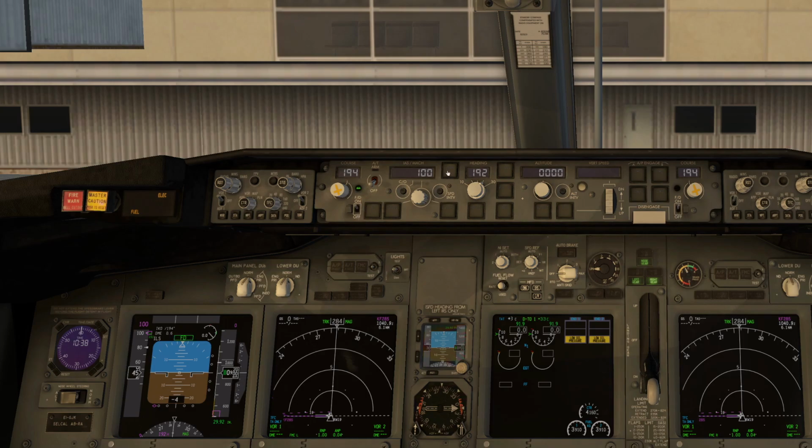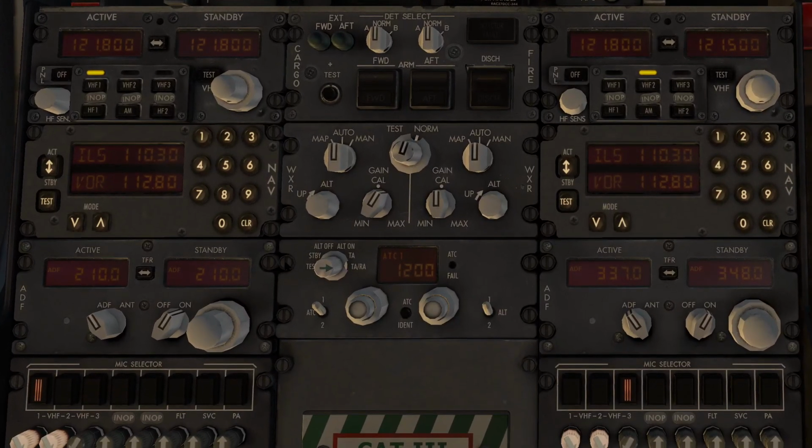See if we can preload VNAV and LNAV. So first heading mode is 192, that is 193 is probably better. That is the runway heading. And we are all set. We have the Keflavik VOR tuned.